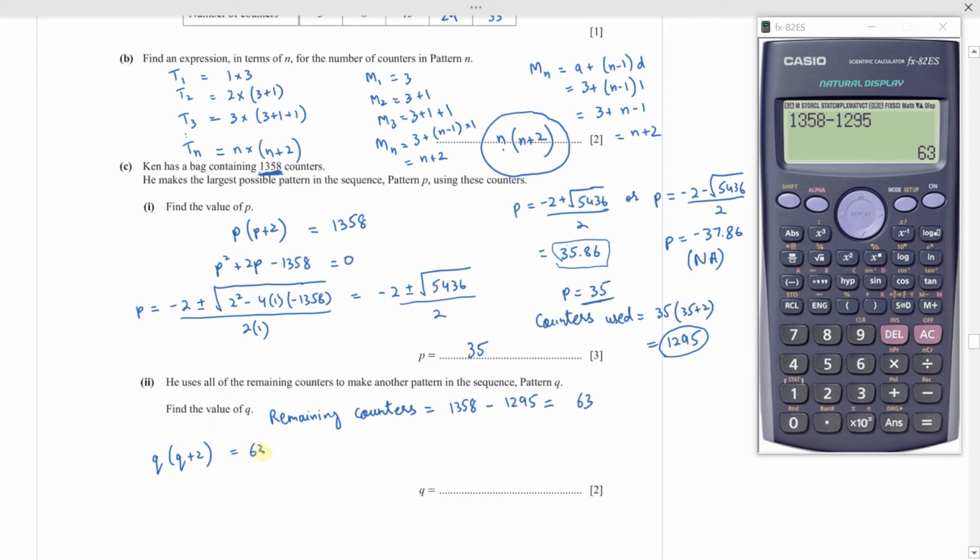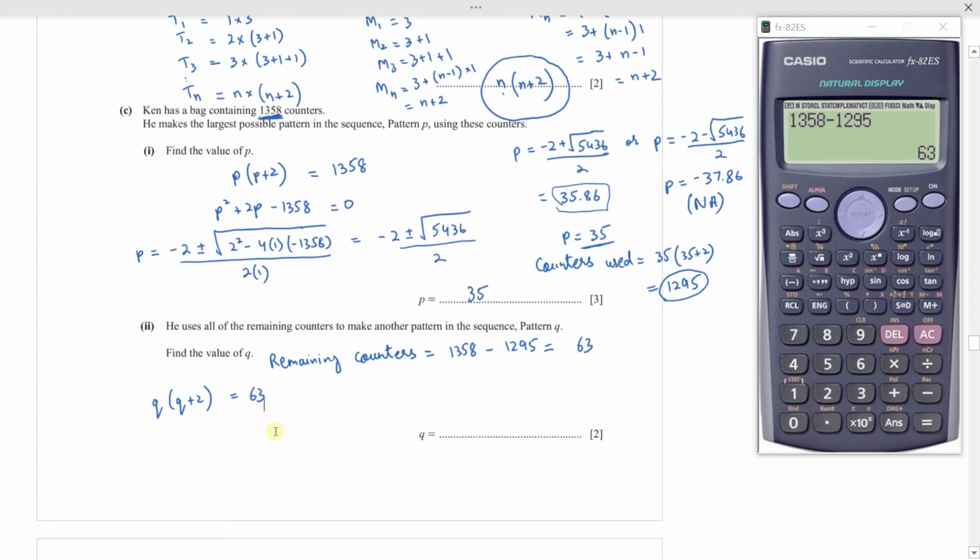So if I expand this, Q squared plus 2Q, and if I bring this 63 here, it will be minus 63 equals 0. And again, this is a quadratic equation. Minus 63 multiplied by this 1, which is the coefficient of Q squared, will give me minus 63. So I'm looking for factors of 63 which, if I subtract, I should get this value 2. The two factors are 9 and 7.